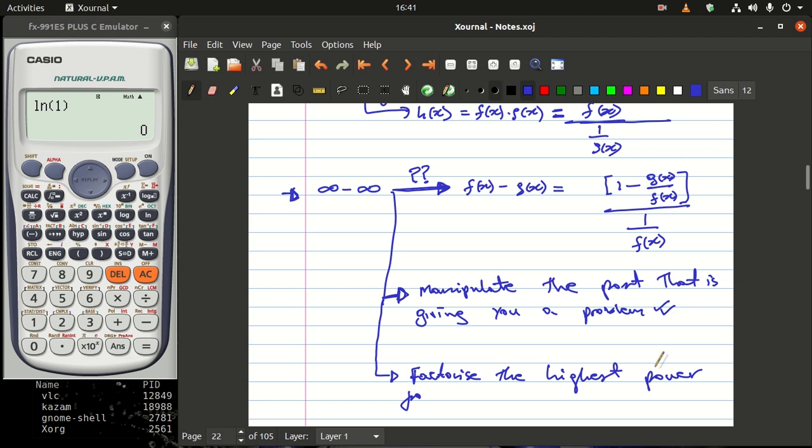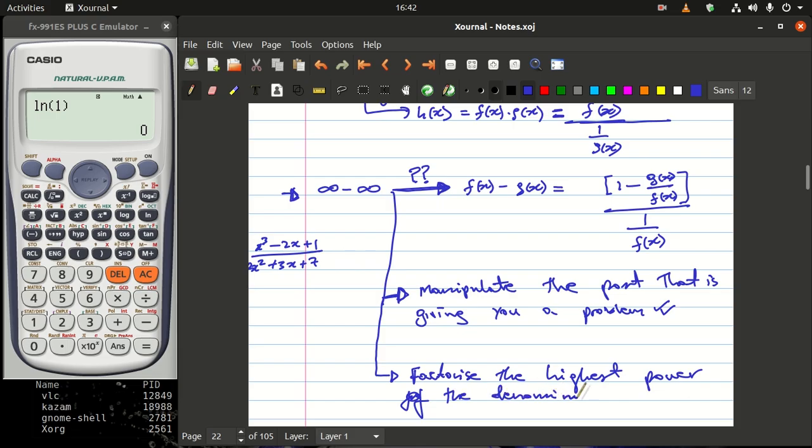Sometimes when you factorize the highest power, you will be able to eliminate the part that is giving you this. For instance, if you have a rational function of x cubed minus 2x plus 1, and maybe you are dividing this by 2x squared plus 3x plus 7, you can say that the highest power between the denominator and the numerator is going to be x squared and x cubed, but we are not factorizing the highest power in both, we are factorizing the highest power of the denominator.